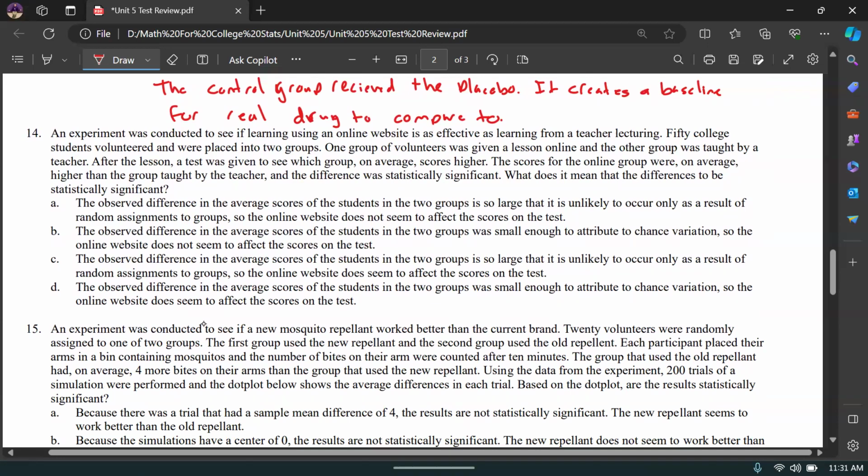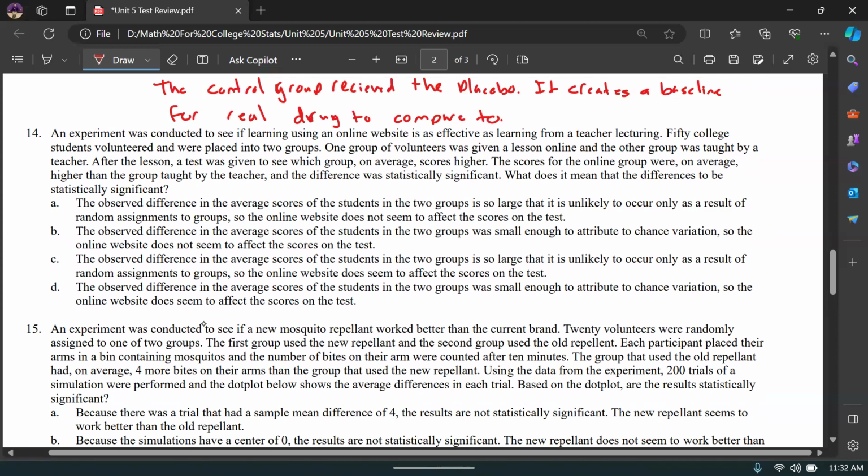Before I read the answer choices, it basically means that if it's statistically significant, there's convincing evidence that one group is better than the other. So the scores of the online group were higher, so we have convincing evidence that the online education was more effective, basically. So if you look at answer C, the observed difference in the average scores of students in the two groups is so large that it's unlikely to occur only as a result of random assignment to groups.